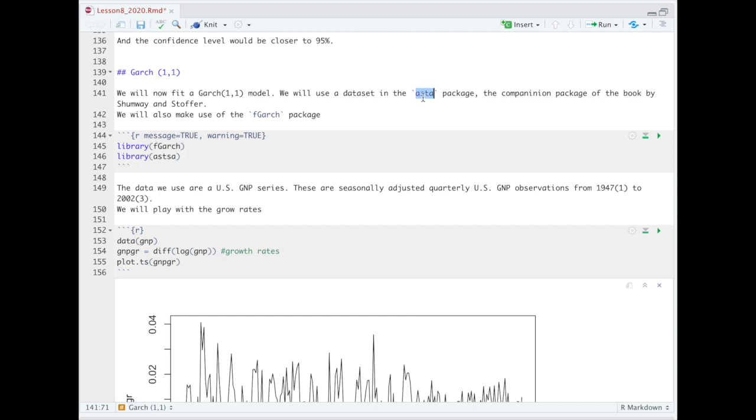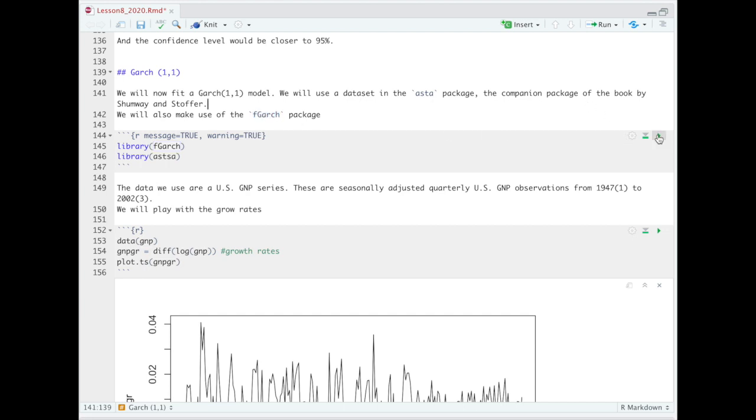The ASTA package is quite interesting because it's the companion package of the book by Shumway and Stoffer that I have suggested you for time series. And we will use the fGarch package to estimate our GARCH 1-1 model.